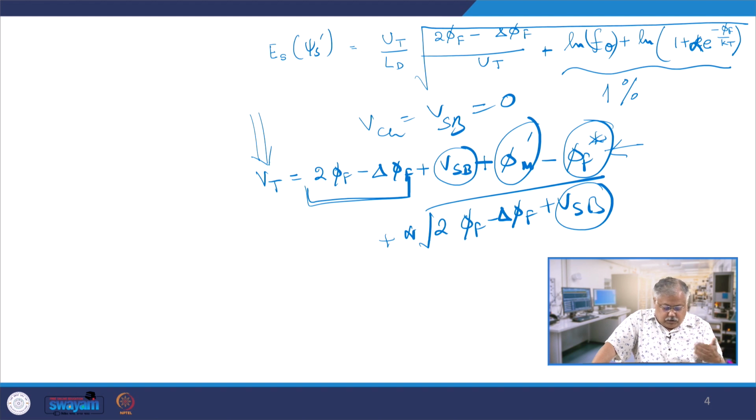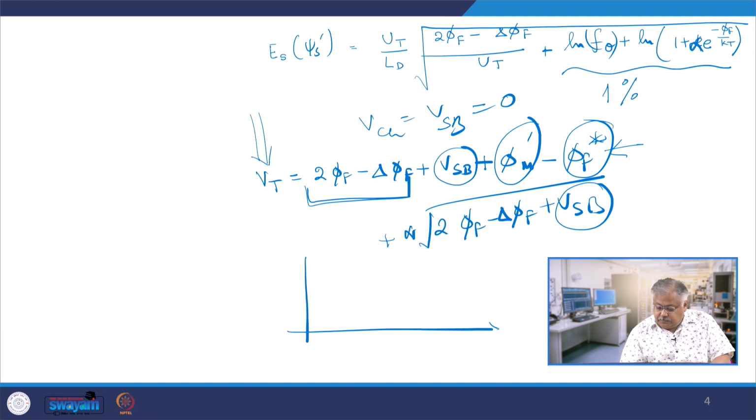Now, I will not go deeper into this, but if you plot temperature in Kelvins, and you plot delta threshold voltage change, what does it mean? Del Vt is given as Vt minus Vt at 300 Kelvin, right.